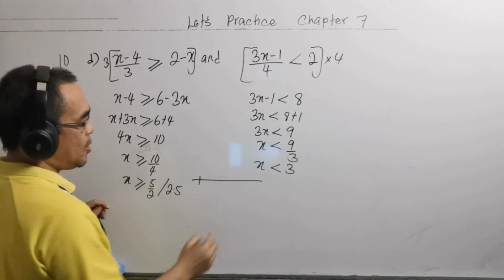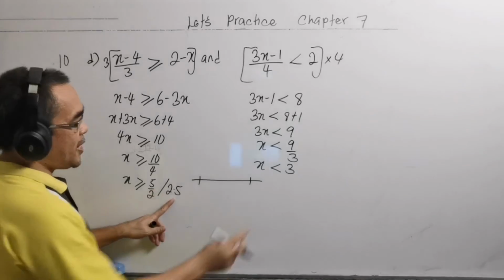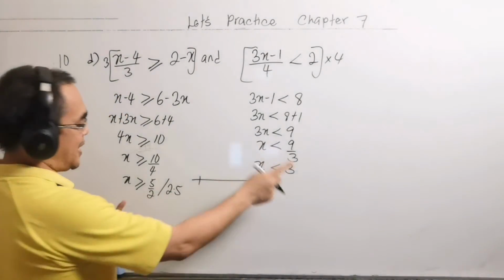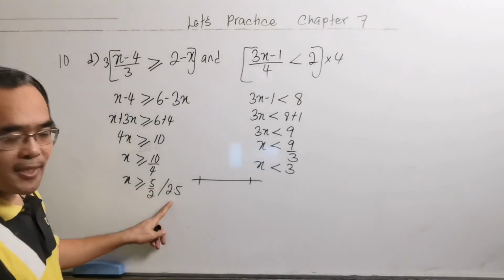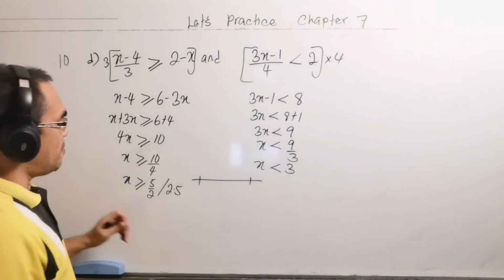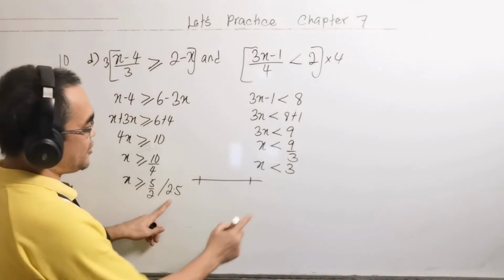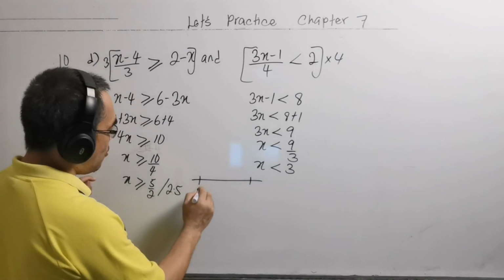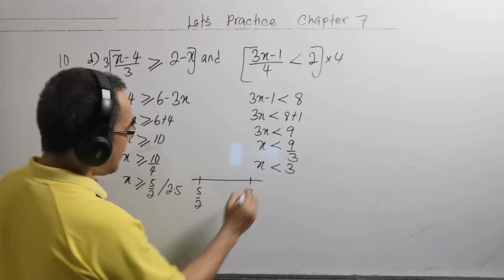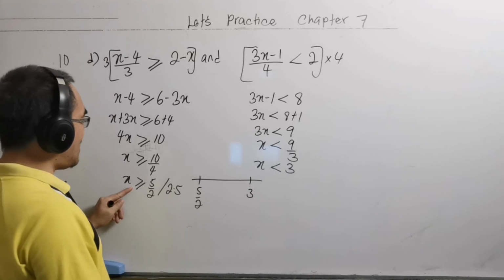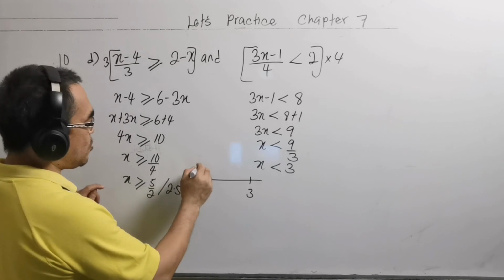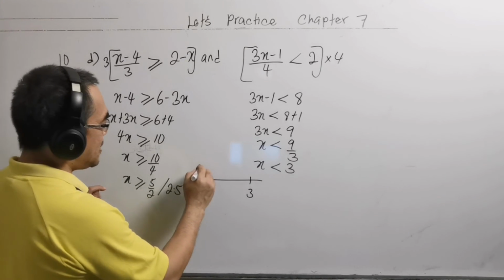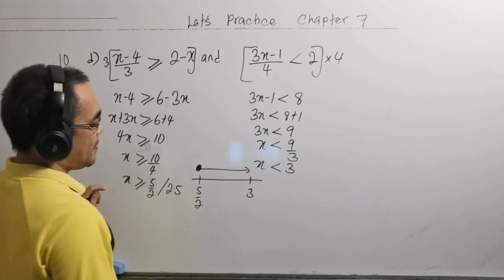The first one, okay, we have this one and this one. This one is smaller than this, so that's why I put it into decimal form, so I can compare it to the other values. 5 over 2 here and 3 there. Look here, larger than or equal to, I blacken this to the other side.